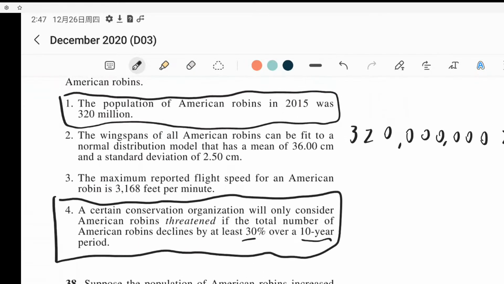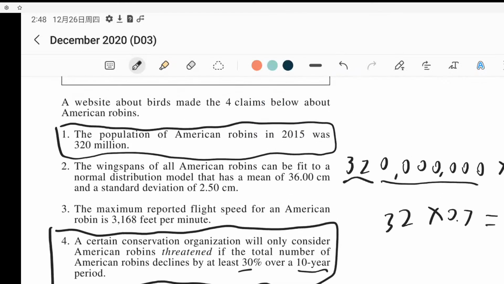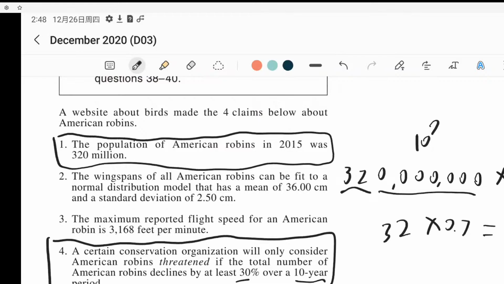And we can think about all the zeros later. So we can consider 32 multiplied by 0.7 equals 22.4. Then we can consider the zeros again. We can write the whole thing as 32 multiplied by 10 to the 7th power.